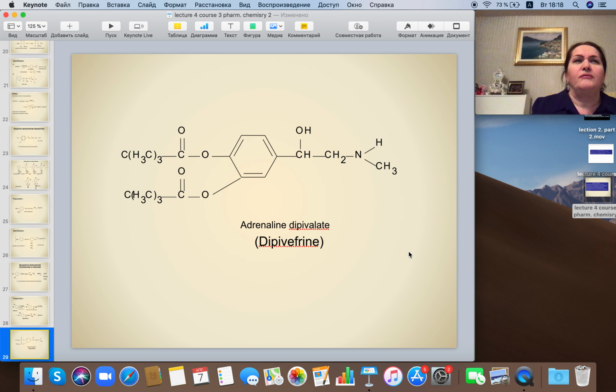And except adrenaline, in medical practice adrenaline dipivalate or dipivefrin is used, and you can see this structure. It has the same use as an adrenomimetic, sympathomimetic preparation, which constricts or narrows down the blood vessels and expands the bronchi.